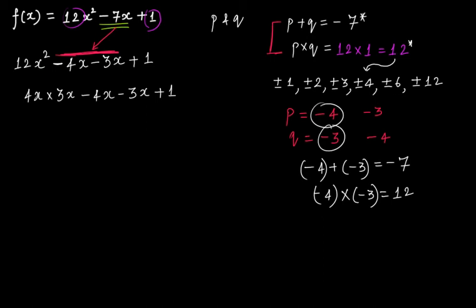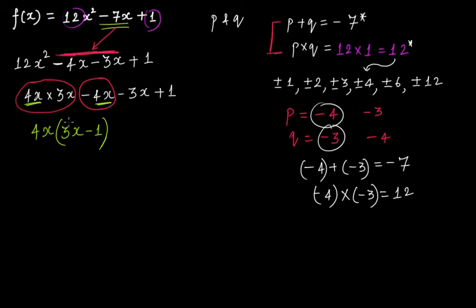Now, in these two terms, 4x multiplied by 3x, which is one term, and minus 4x, which is another term, 4x is common. Let's take 4x out. When you take 4x out, you get 3x minus 1. Which property have we used here?